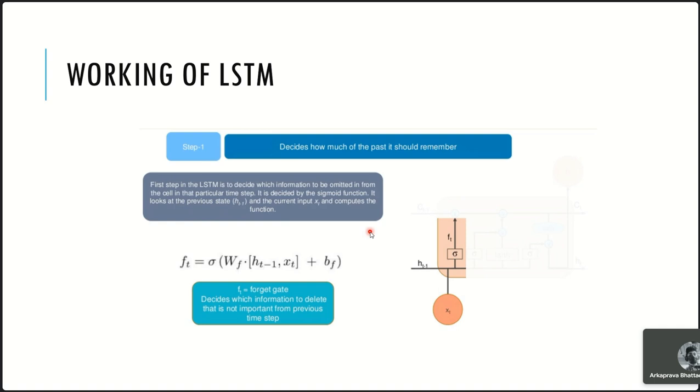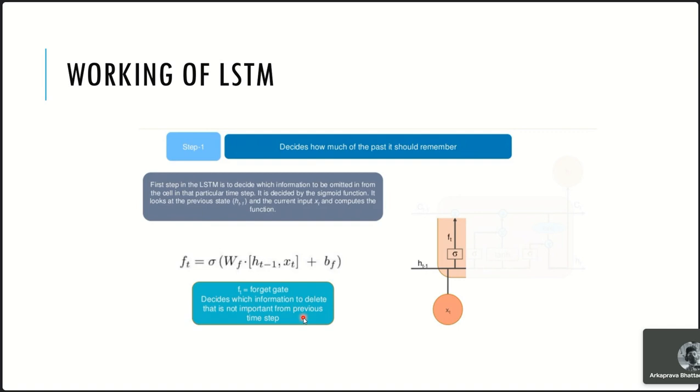That is, you take the previous output, HT minus 1, you take the current input, XT, perform the sigmoid operation on them, and then your forget gate will tell you which information needs to be omitted and which needs to be retained. So this is the activation function. BF is nothing but your bias. The forget gate, as I said, decides which information to delete that is not important from the previous time step.